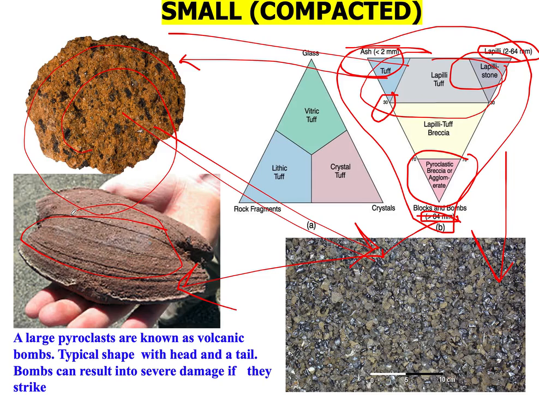This is an almond shaped bomb. Okay, so a large pyroclast is known as a volcanic bomb. They are typically shaped with a head and tail. You can see that this is almond shaped, so you cannot clearly see the head and tail, but more or less it is that. And bombs can result in severe damage if they strike. Again, if you're standing here, there is no way you can survive.